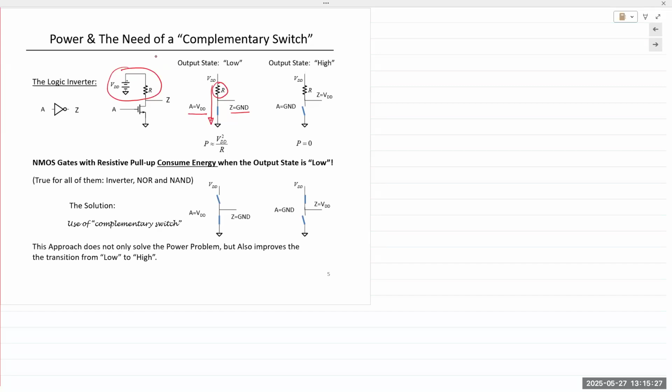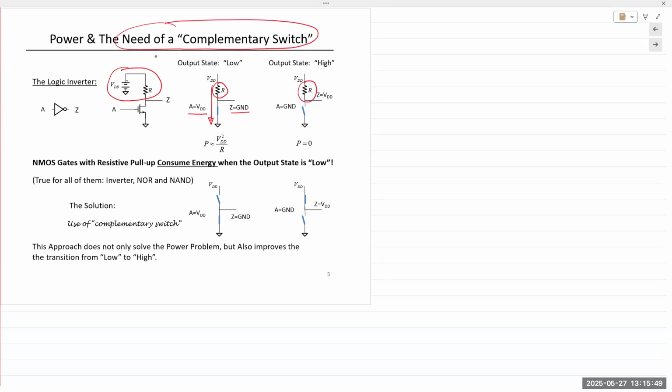And so to avoid that, we want to replace that pull-up resistor with a device that is not going to use up a lot of energy. And that is where the need for the complementary switch comes from.